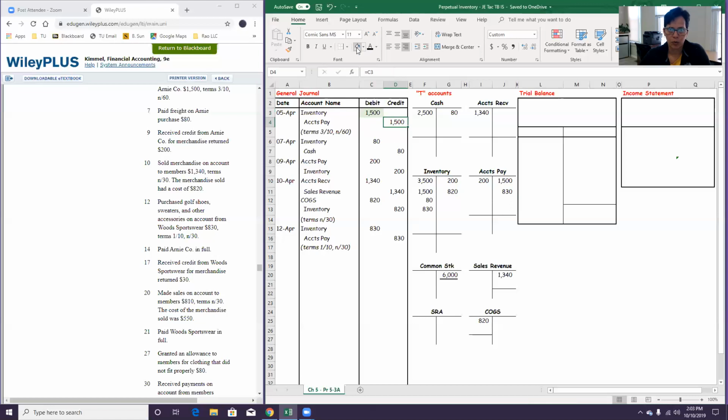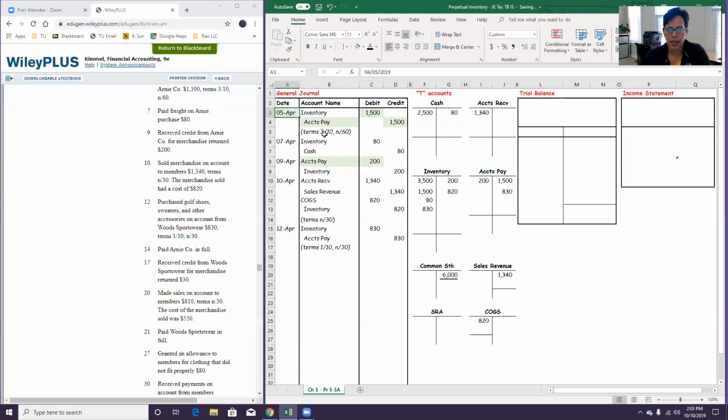Just going to highlight both of these to show you that it's the accounts payable that I'm concerned with. Accounts payable is 1,500, but if you recall over here, I returned $200 worth of merchandise, so it's only 1,300 that I owe. The next thing to take into account is a date. The date is April 5th, the date of the invoice.